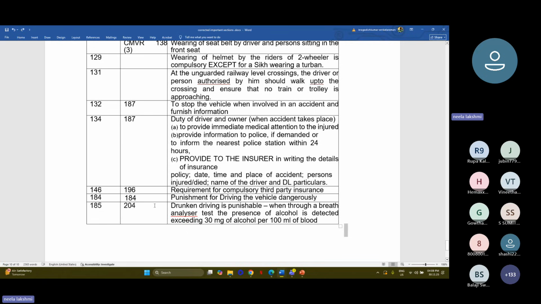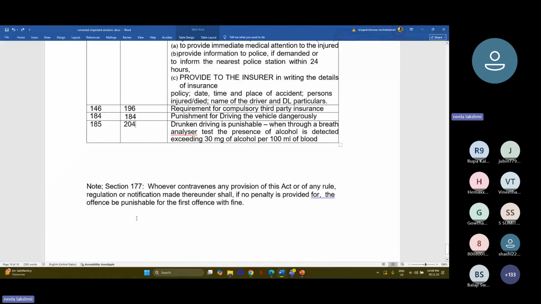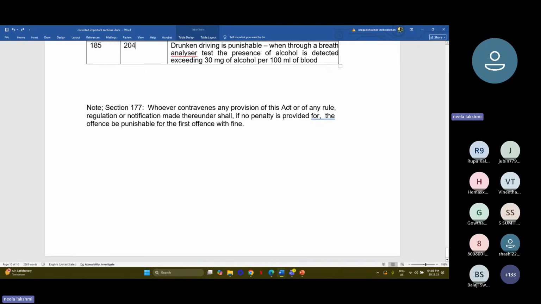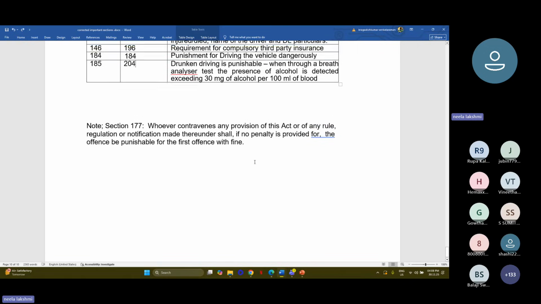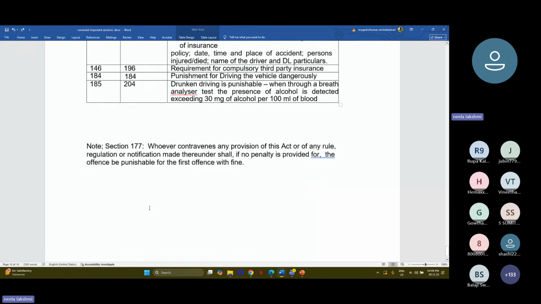Drunken driving is punishable under Section 204. Like this, I have given a list of the section which mandates the thing and the section under which it is punishable. It is not an exhaustive list, but whatever is available I have given. If any violation is not placed in the above list, it will be punished under Section 177 for minor penalties.